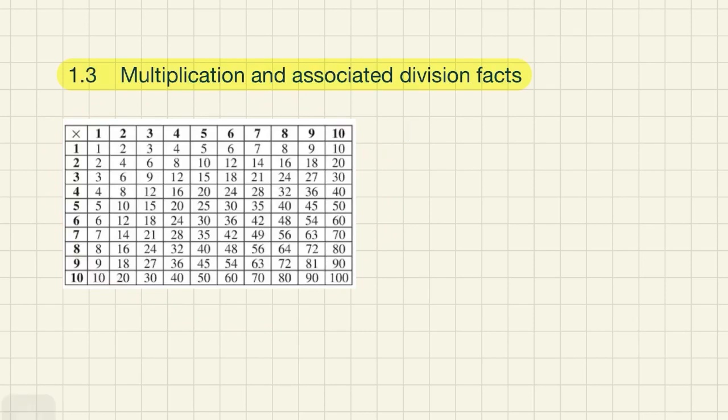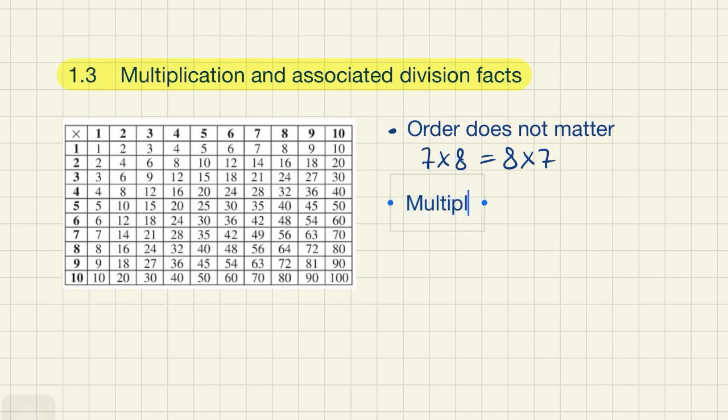So the first thing is that order does not matter. So what does that mean? It means if we do 7 times 8, it's the same thing as 8 times 7, right? So order does not matter. Another thing is multiplying by 1 does not change the number.